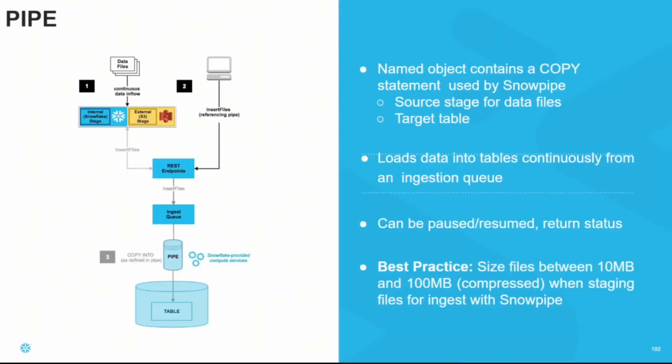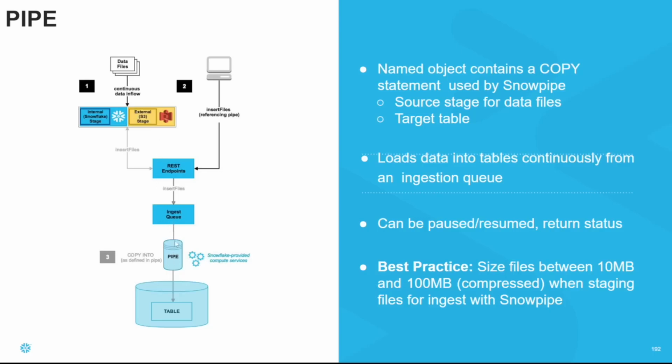So this is the architecture through which the Snowpipe works in Snowflake. First, you will have a data file which is being written to your Snowflake stage, which is built on top of your S3 bucket. Once you have the data in an S3 bucket, S3 will send a notification to an ingestion queue, which is created for a pipe, which would be an Amazon SQS event.